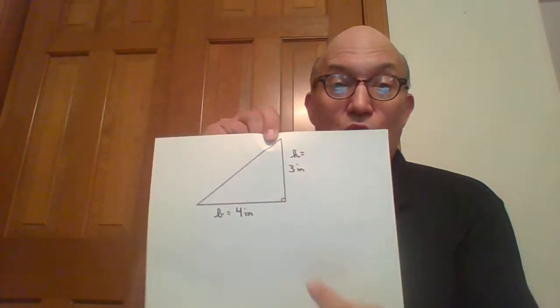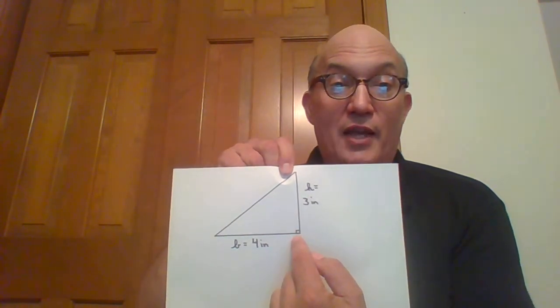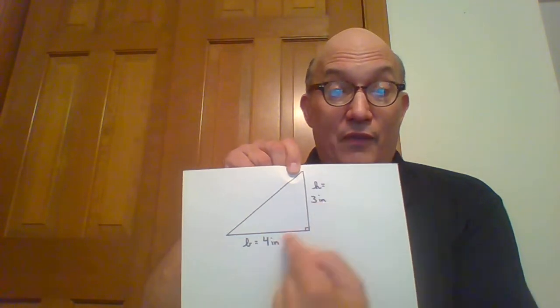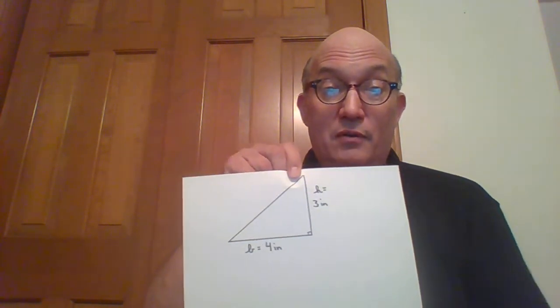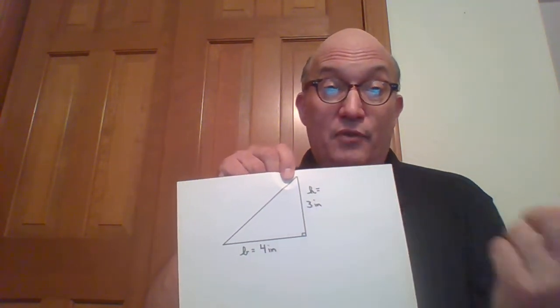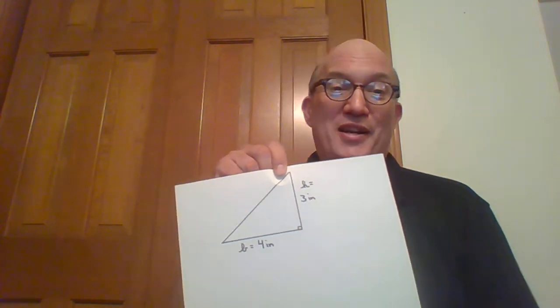This little square down here tells us that this is a right angle, a 90-degree angle. So if we see this as the base, the 4 inches down here, B equals 4 inches. This side here, the 3-inch side, is the height. Why? Because it meets the base at a right angle.